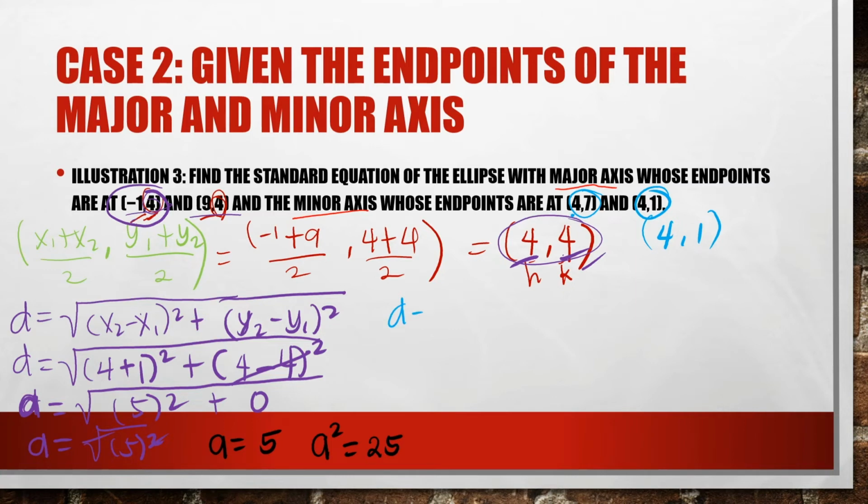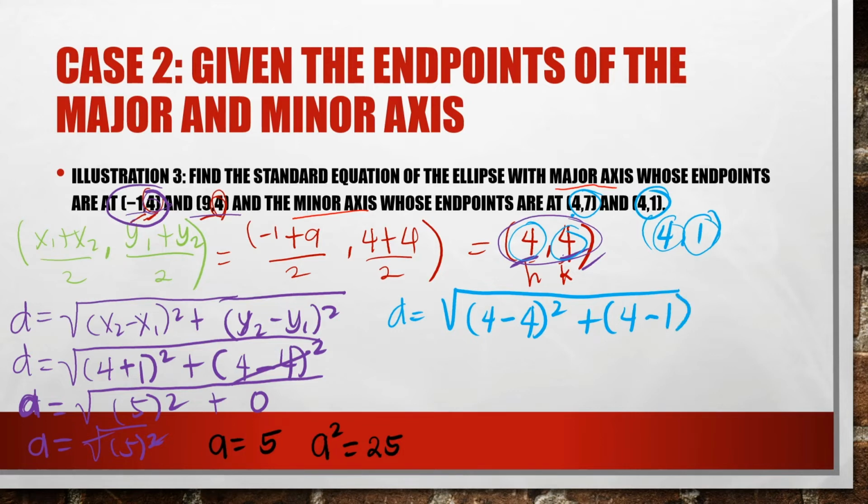So, yung distance formula, x sub 2, itong 4, minus x sub 1, so 4 ulit, squared, plus y sub 2, so ito, yung 4, minus y sub 1 is 1, squared.